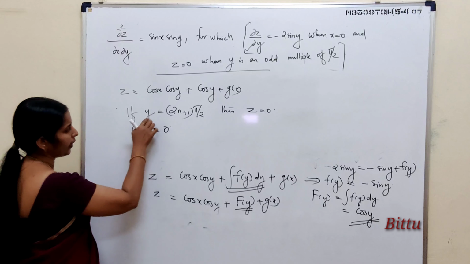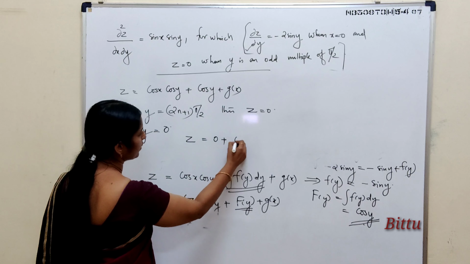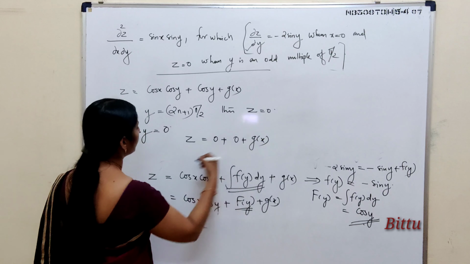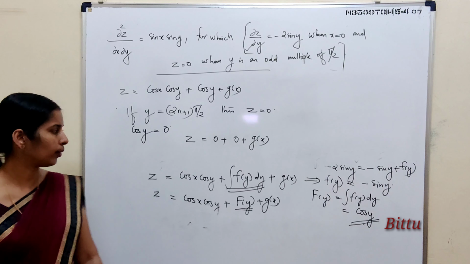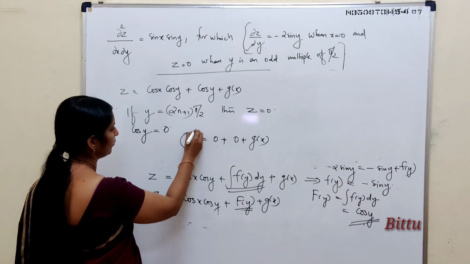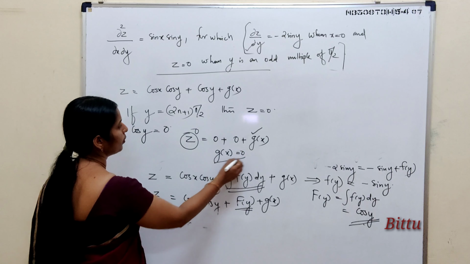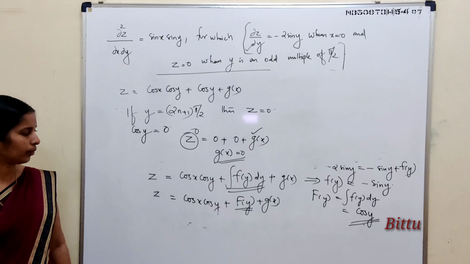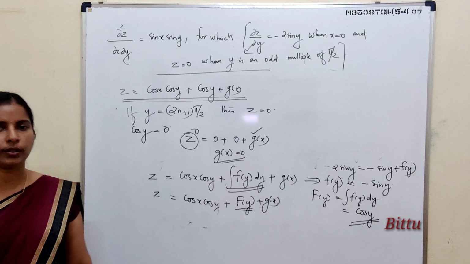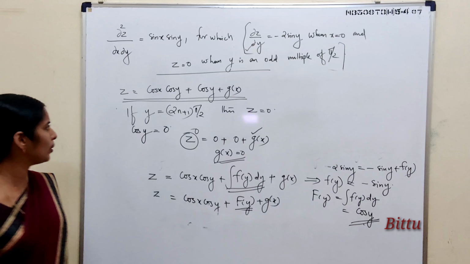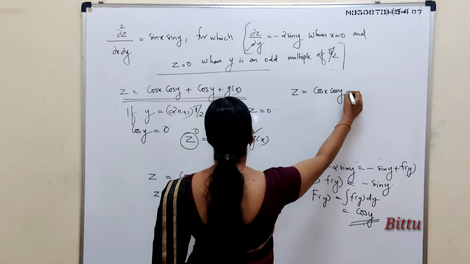So z equal to 0 plus 0 plus g(x). When y is (2n plus 1) pi by 2, it is given z is 0. So what is g(x)? g(x) is 0. So by the second condition you can see g(x) is 0. Here we noticed g(x) is 0. So what is the required solution? The required solution is z equal to cos x cos y plus cos y.